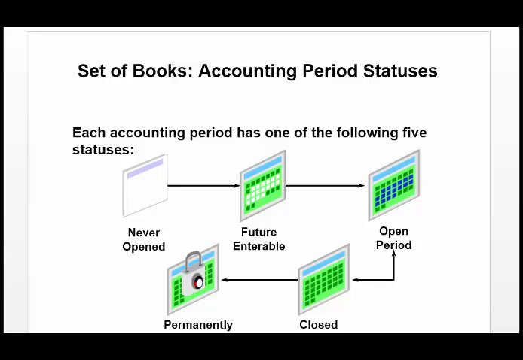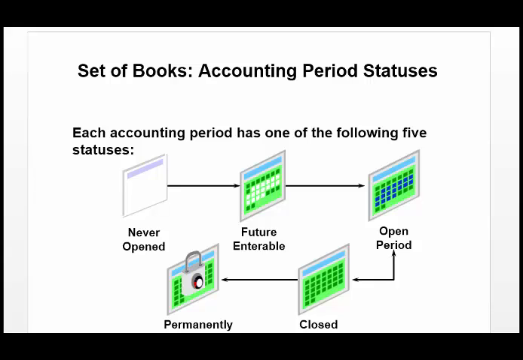An open period is the current period that I'm currently in. Now, at the end of that period, so for example, now we are in February, I think today is the 16th, so by the end of February we will reach the end and we will close February. So it becomes a closed period.